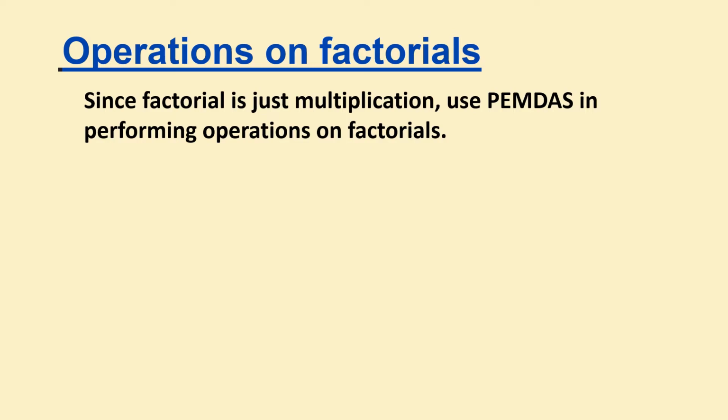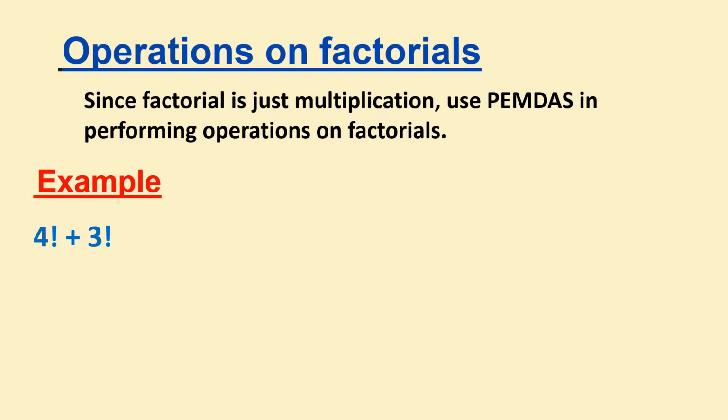Let's say you have 4 factorial plus 3 factorial. The common mistake made by students is to simply add 4 factorial and 3 factorial, which will give you 7 factorial, which is wrong.